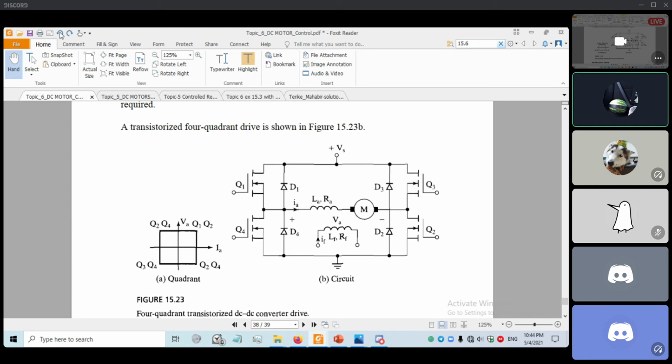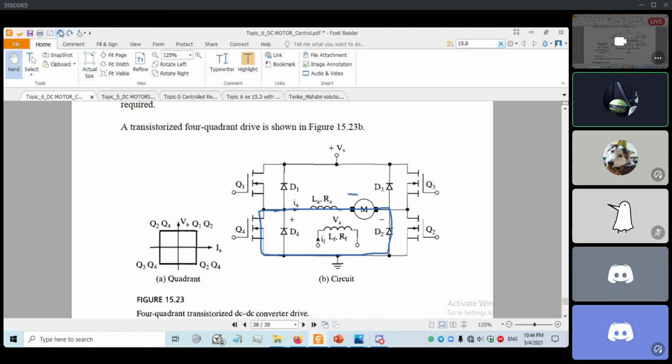After this happens, Q3 will be turned back on and the current will be supplied to the machine again via Q3 and Q4. And that is the end of reverse power control.